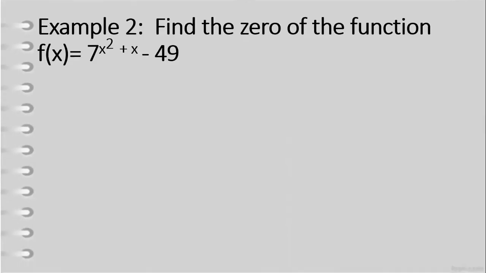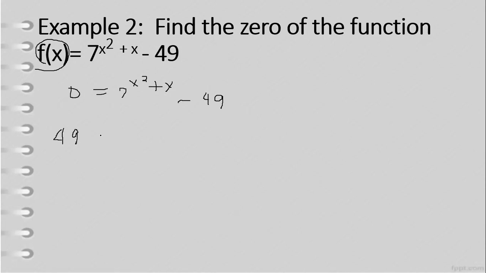Example number 2, find the zero of the function 7 raised to x squared plus x minus 49. This one, equate po natin siya sa 0, so 0 is equal to 7 raised to x squared plus x minus 49. Para si 49 mawala dito sa side, we have to add the opposite, which is positive 49.